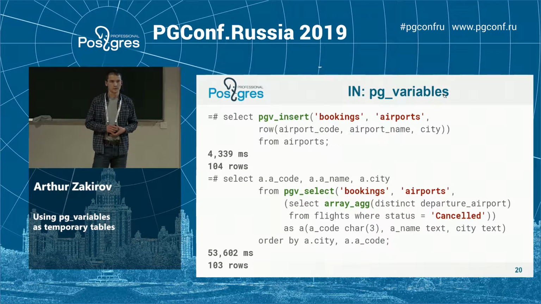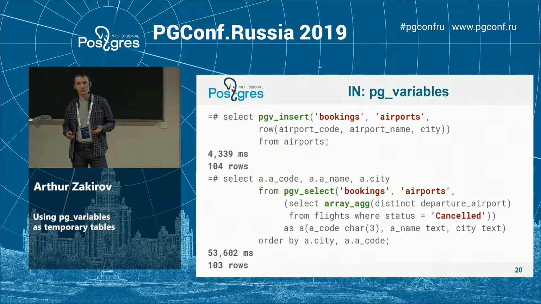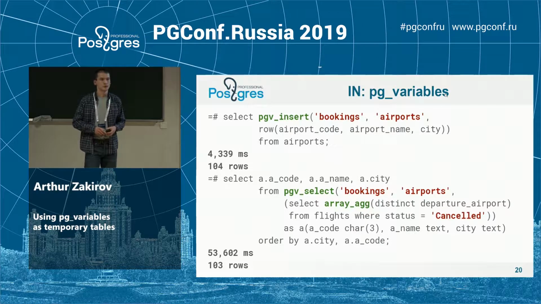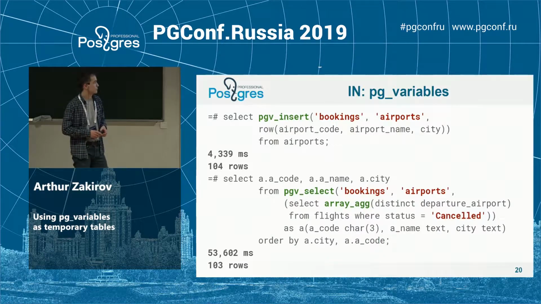And we also can run a search for not only one key, but if we transfer a set of keys or an array of keys. And in this case we can receive an array by means of a subquery and the aggregate function array agg.